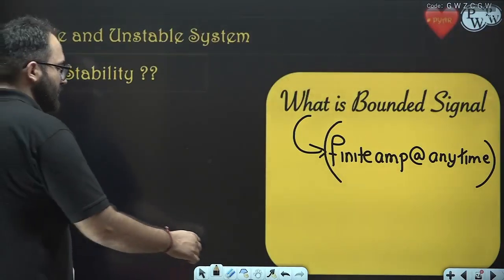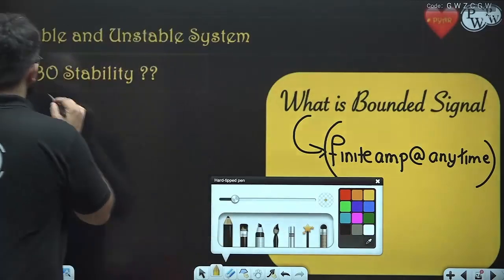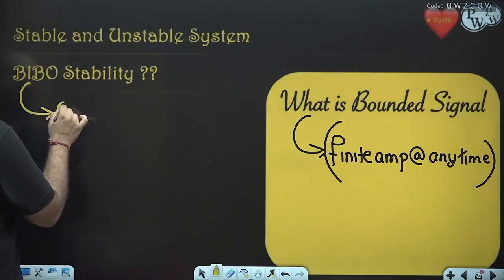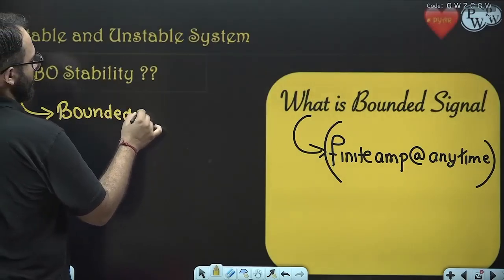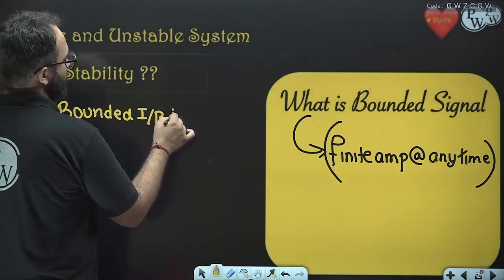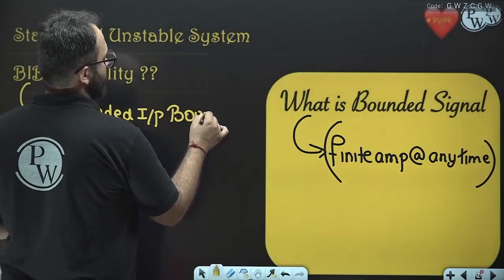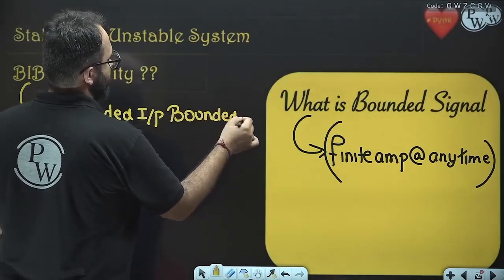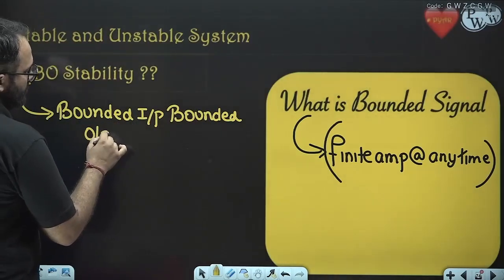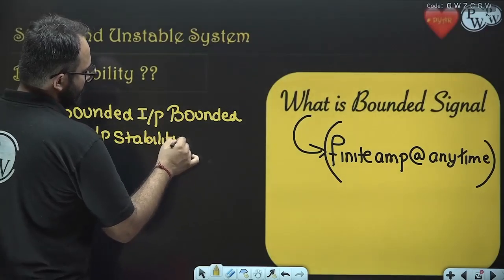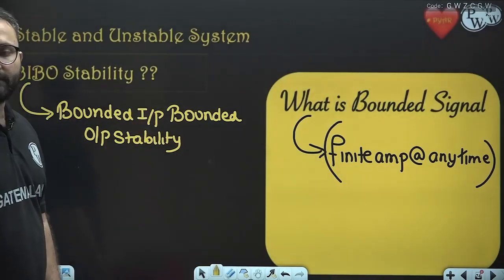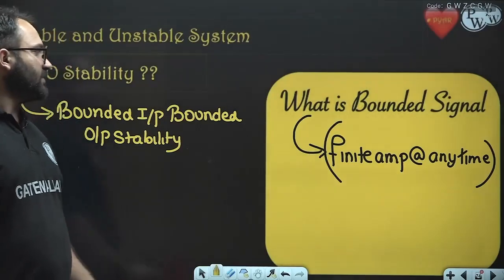BIBO stability means bounded input, bounded output stability. That is, for bounded input we should get the bounded output. This is the meaning of it.